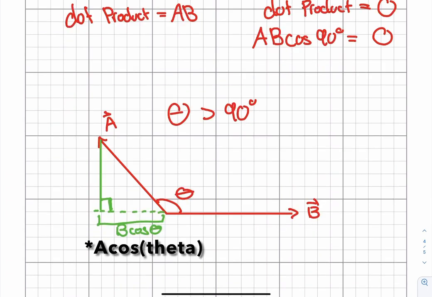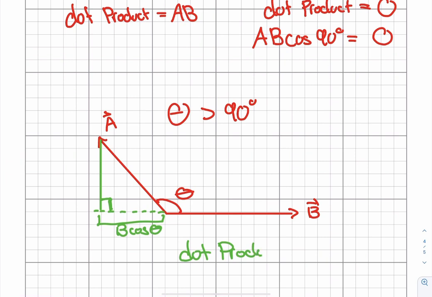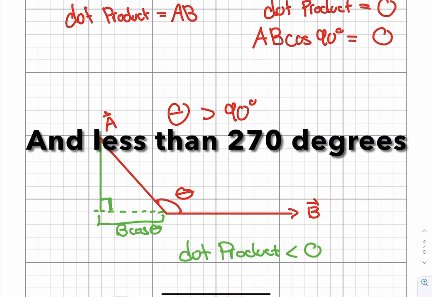Since this is the case, the dot product is actually going to be negative. This is because any cosine of an angle greater than 90 ends up being negative.